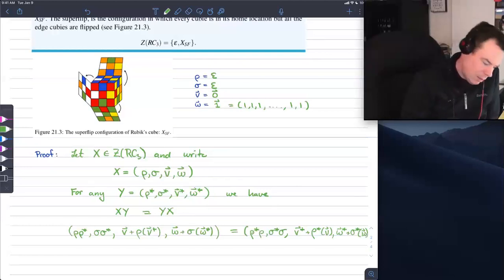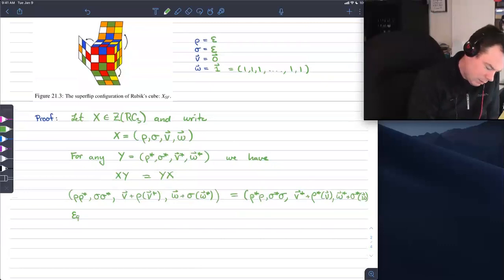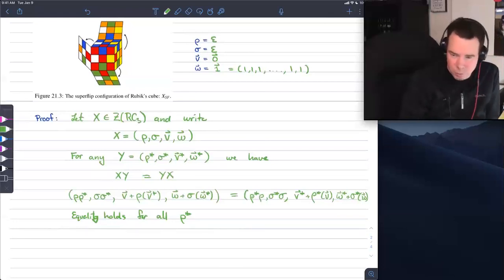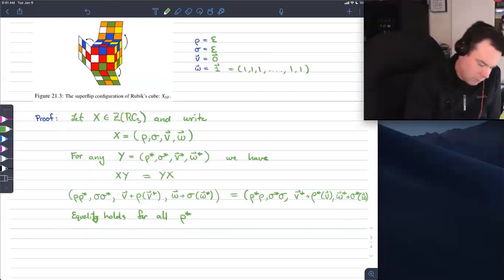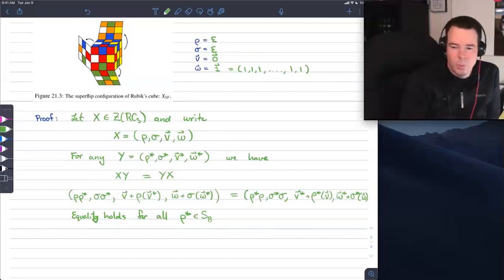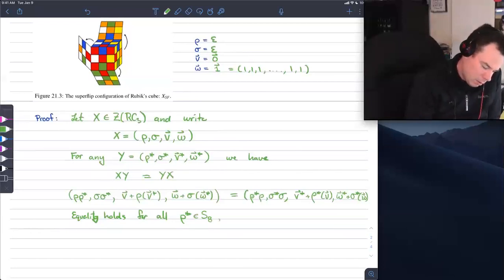And equality holds for all rho star, because that's the Y components, which I'm just taking to be any element of RC3. So it has to hold for all rho star in S8, because for the Rubik's Cube, any of the 8 factorial permutations of the corners are possible. And it's also got to hold for all sigma star in S12.